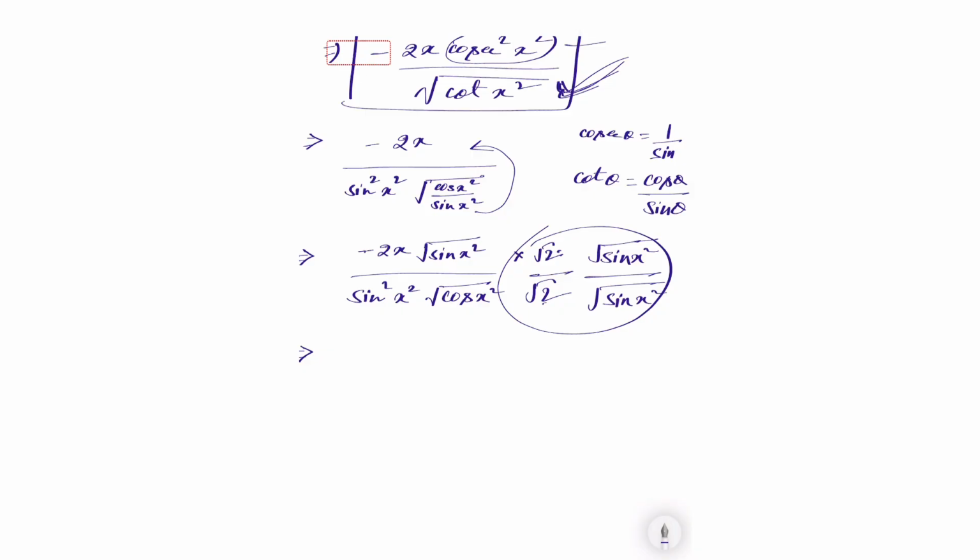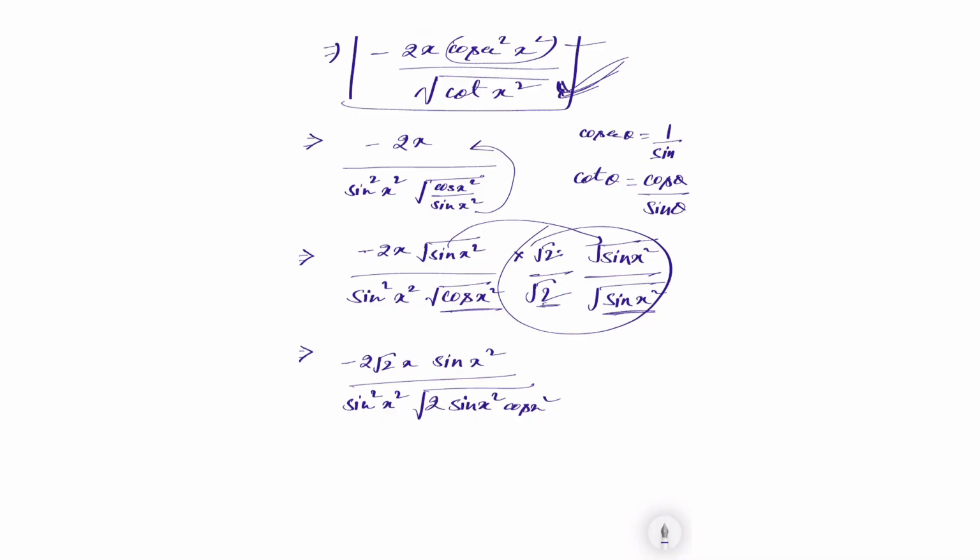Now root 2 will be multiplied here. So minus 2 and root of sin x square into root of sin x square, it becomes, yes, sin x square. Root and root will be cancelled. Divide by sin square x square under root. Look, this 2 will come here. This sin x square will come here. And already cos x square is there in the under root.